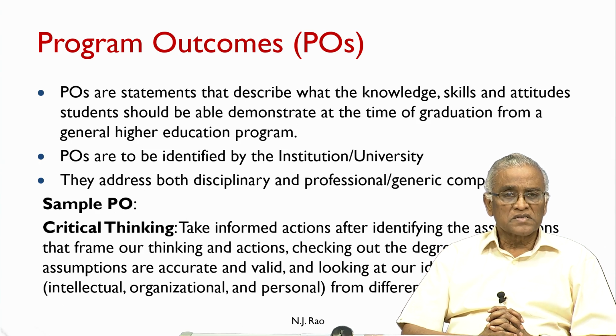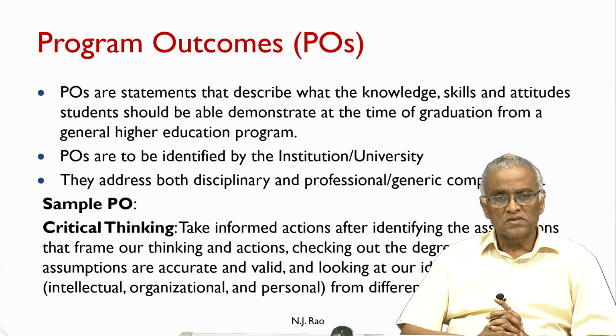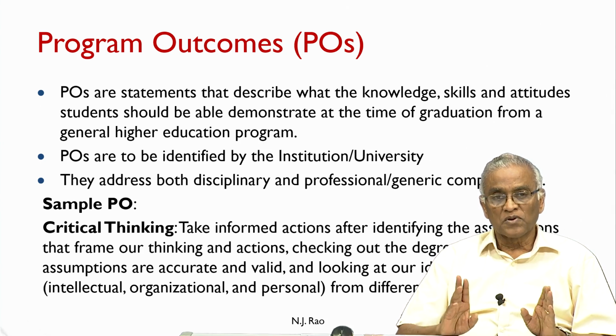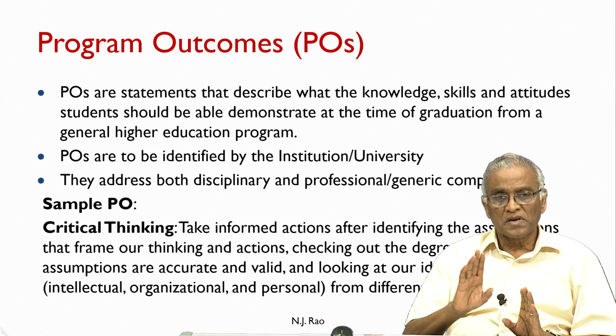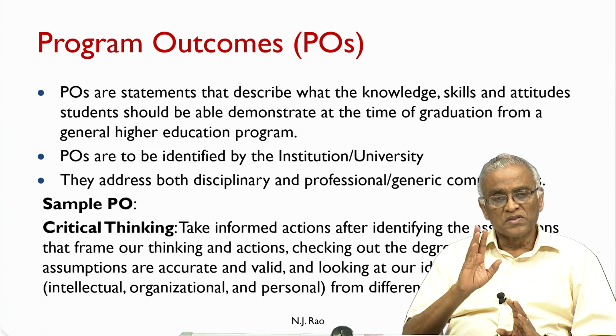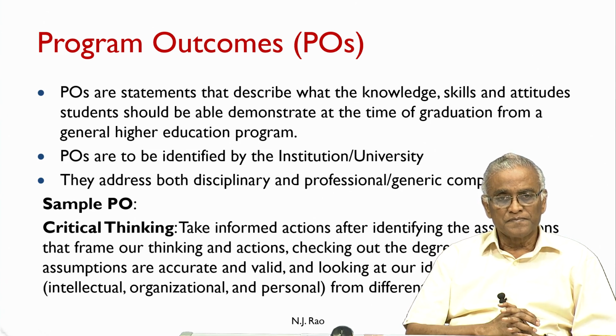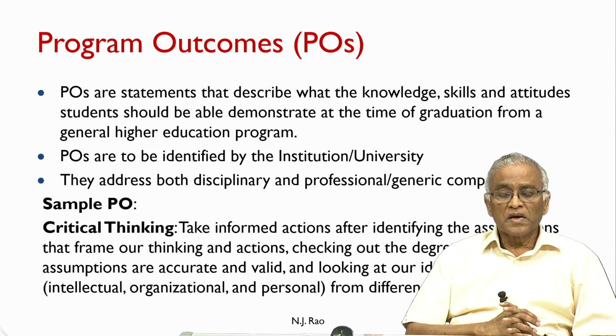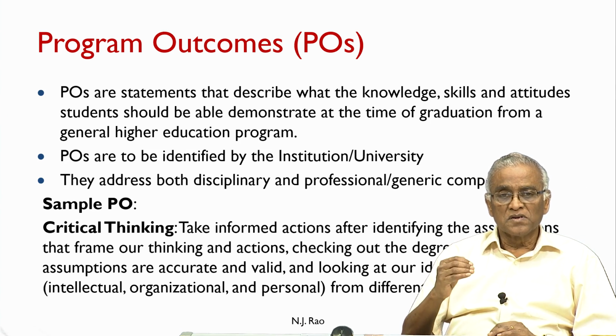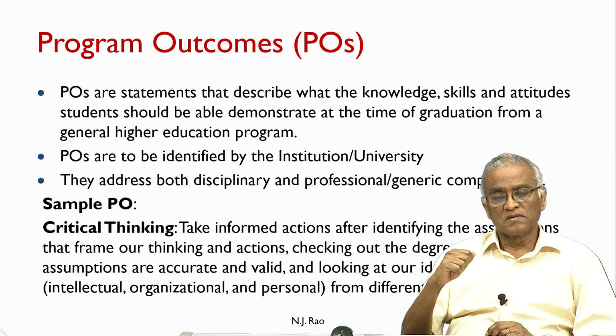Program outcomes are statements that describe the knowledge, skills and attitudes students should be able to demonstrate at the time of graduation from a general higher education program. We are not saying which particular program. So, these POs, as we call them, are to be identified by the institution or the university.